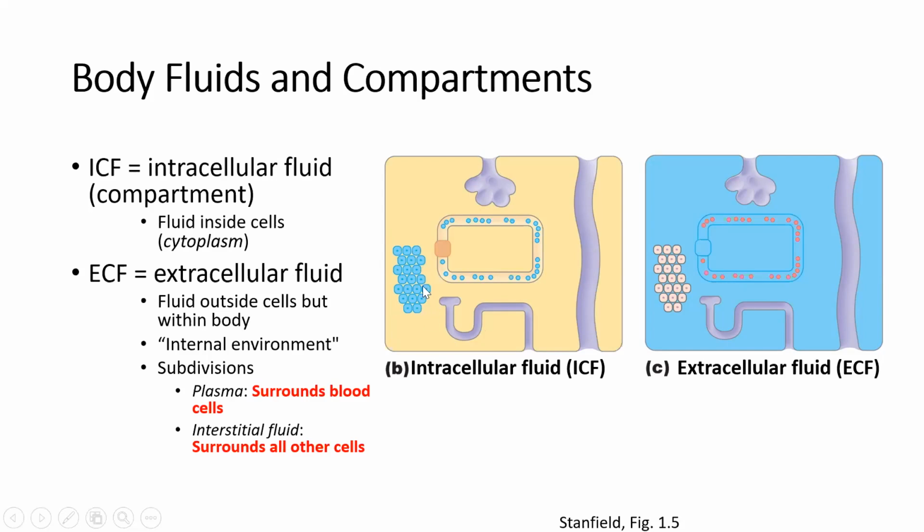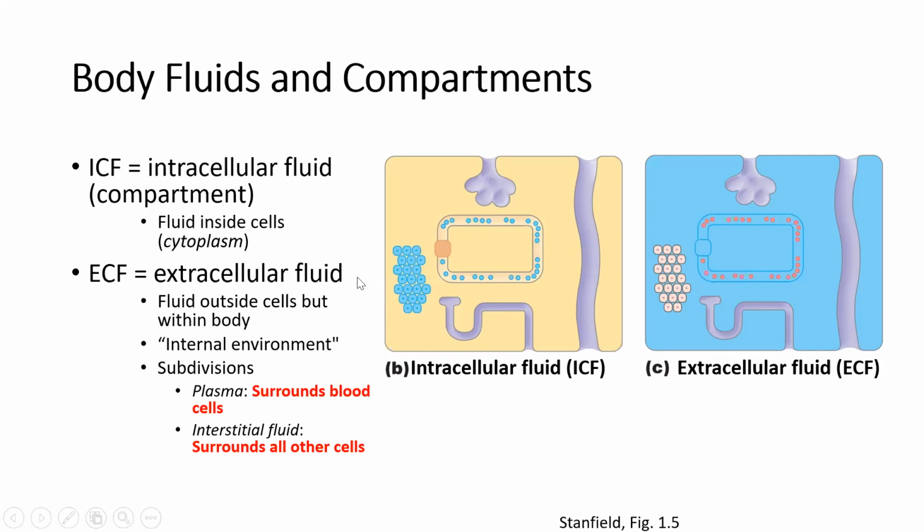So that's everything that's inside of our cells, but we also want to look at the cells that are inside of our vessels. Okay, and don't confuse this with plasma. Because our blood is made up of cells, right? Erythrocytes or red blood cells, they also have fluid within them. So all the fluid that's inside of cells is called our intracellular fluid or our ICF.